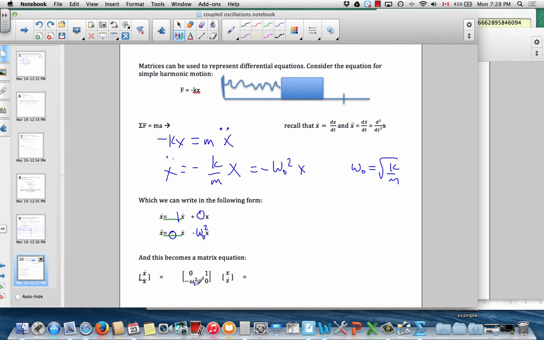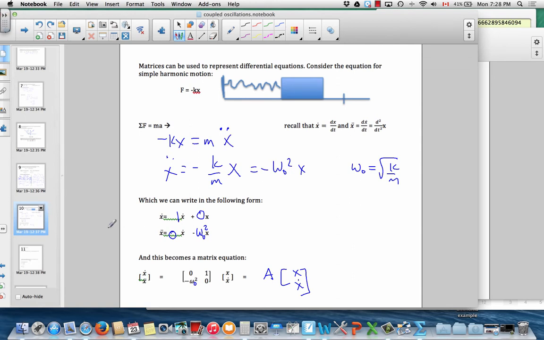That's missing an omega naught there. And then this is a coefficient matrix, A times x, x dot. So we've written x dot and x double dot as a vector on this side, but of course that is a derivative.